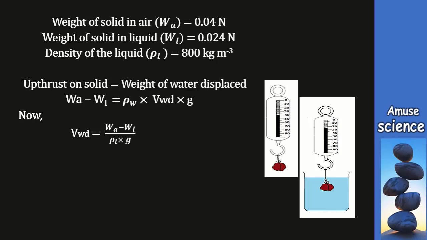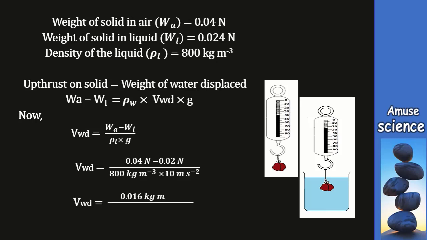So let's substitute. We are going to have 0.04 newtons minus 0.02 newtons divided by 800 kilograms per cubic meter multiplied by 10 meters per second squared. 0.04 newtons minus 0.02 newtons gives us 0.02 newtons. And we know that 1 newton is the same as kilogram meter per second squared.